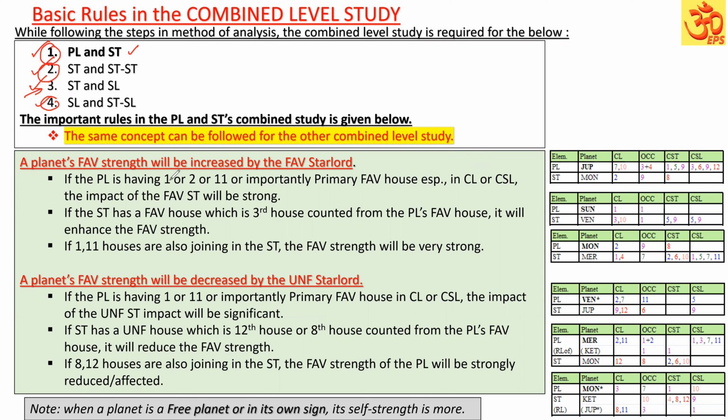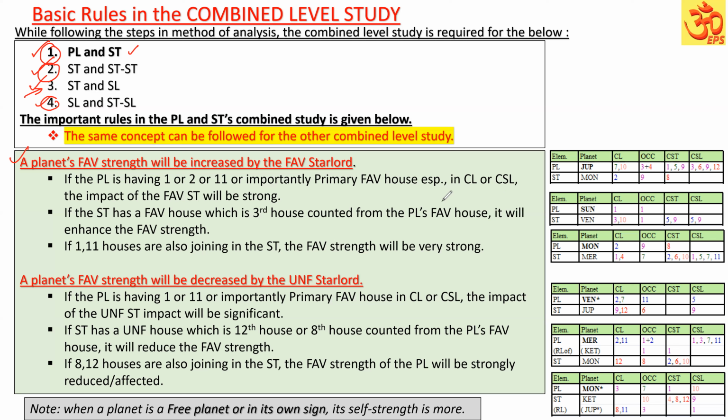A planet's favorable strength will be increased by its favorable star lord. If the planet is having first or second or 11 or importantly the primary favorable house for an event, especially in its cuspal lordship or cuspal sublordship, the impact of the favorable star lord will be strong.